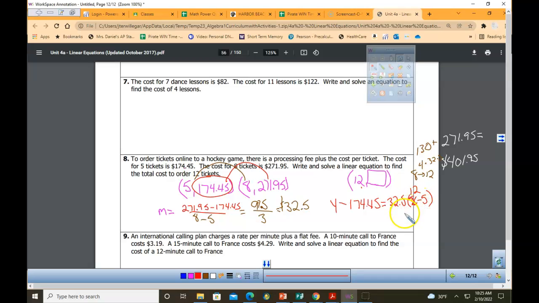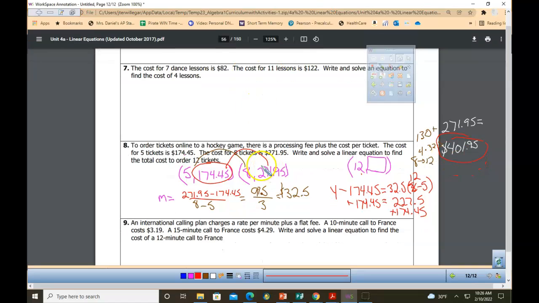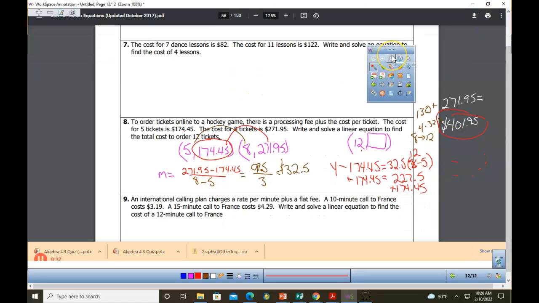Because 32.5 times your 12 minus 5, which is 7, is going to be 227. And then you'd add over that 174, and you're going to get the same answer. You're going to get the 401.95. Okay? Make sure you guys label. All right? Make sure y'all label.